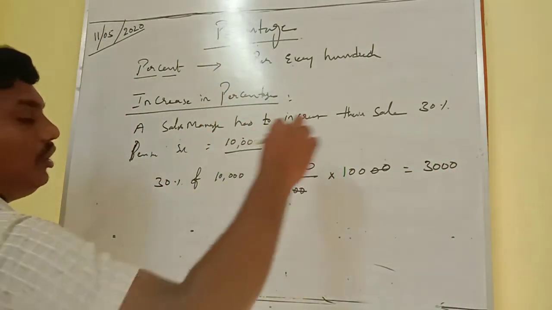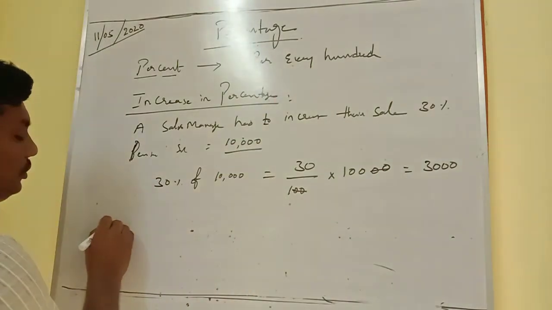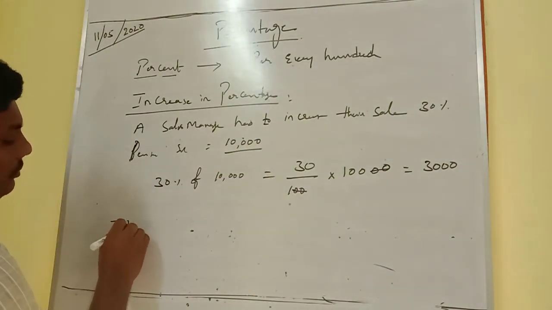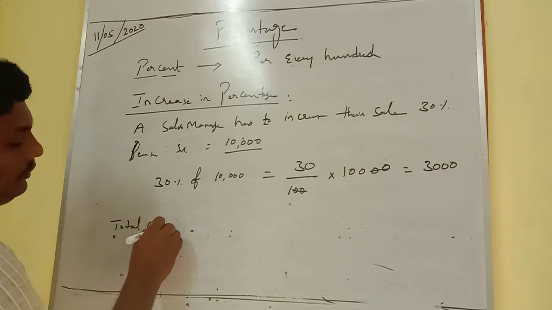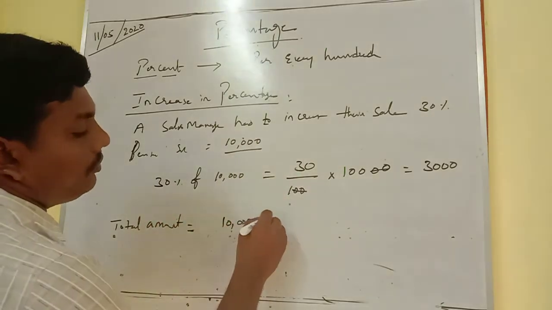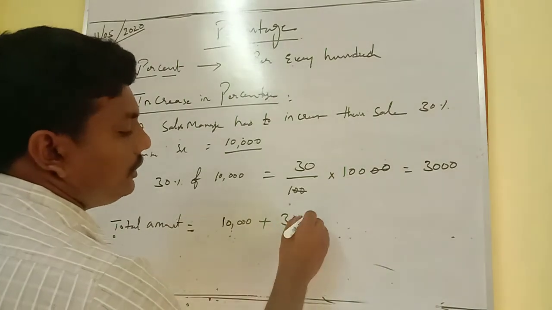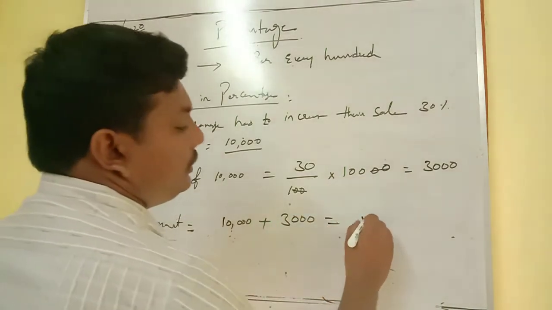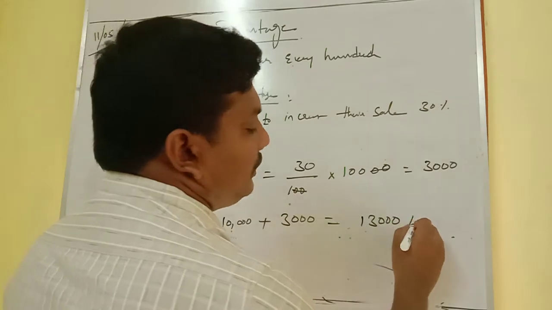Now how much will the total amount be? The initial amount plus the increasing amount will become 13,000 rupees.